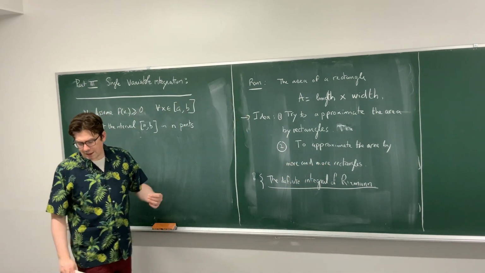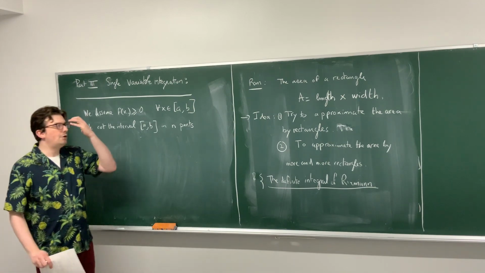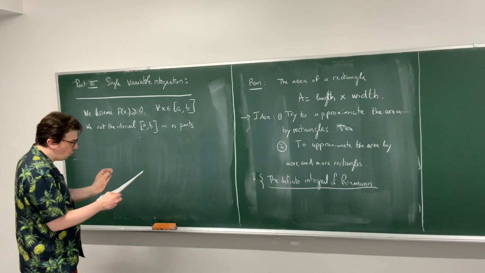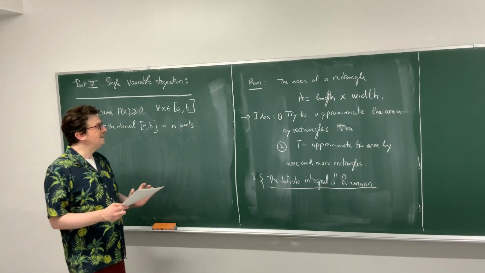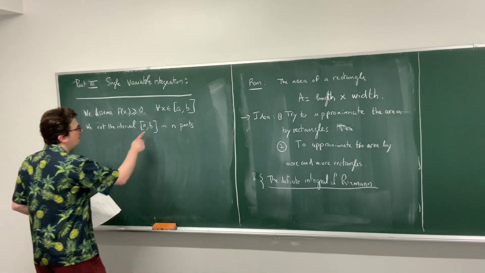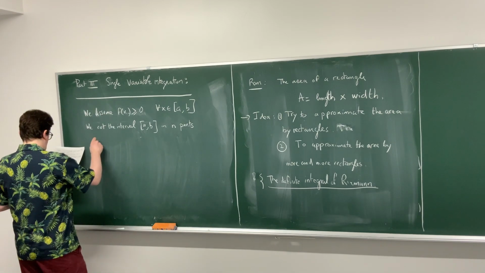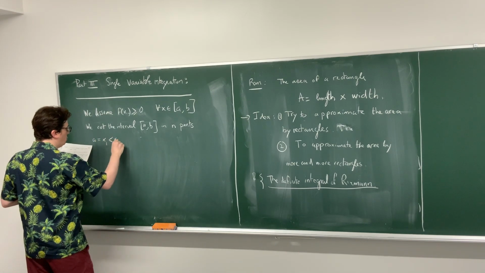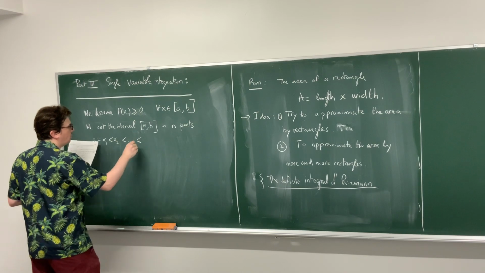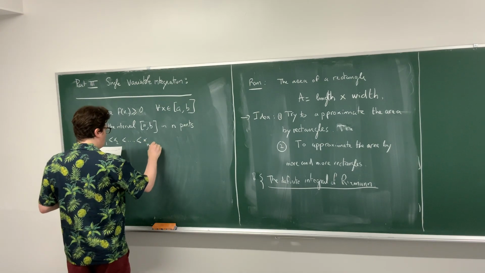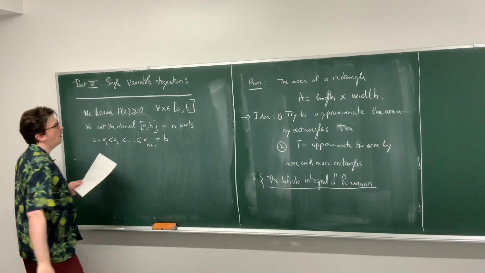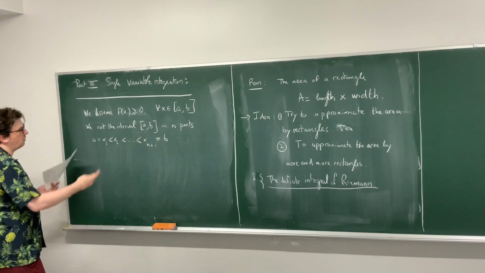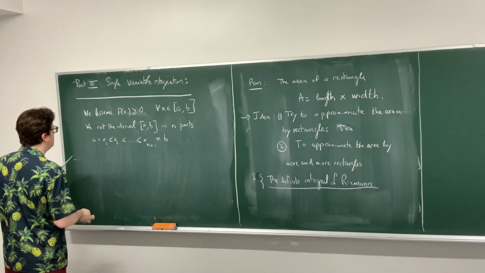In fact, we are going to take a limit in n of some rectangles of very, very small length and width, okay? So we cut the interval AB in n parts. Let's say that A is, for example, x1, and then we have x2, x3, dot dot dot, then we have x(n+1), this will be our B, okay? So if you do that, you have cut your interval in n parts.